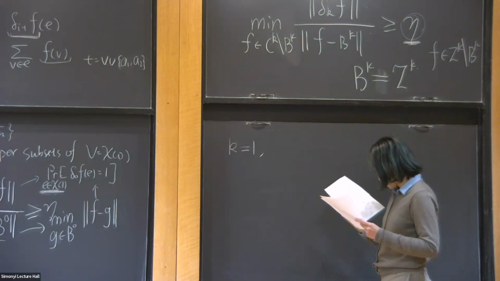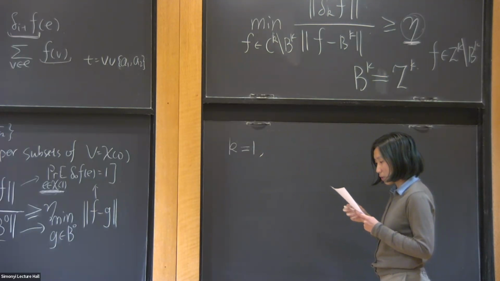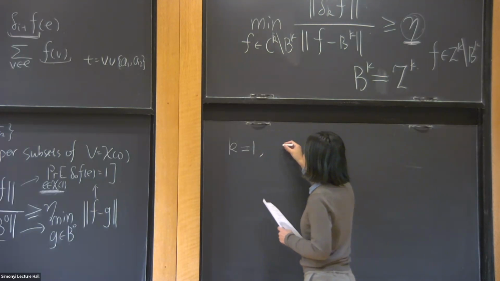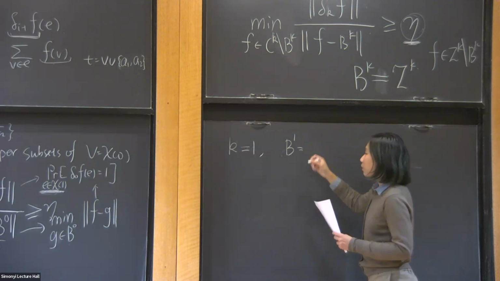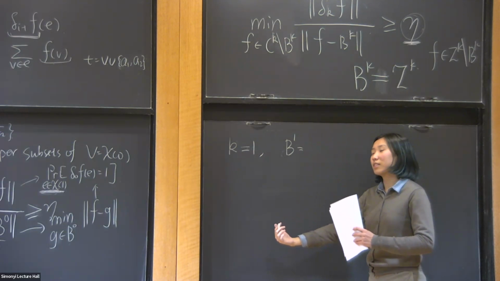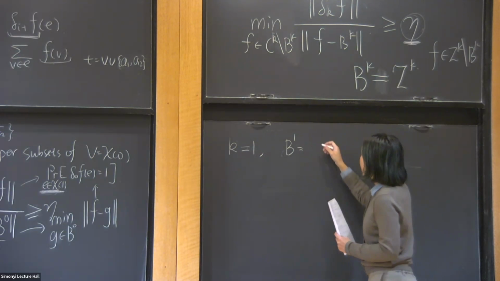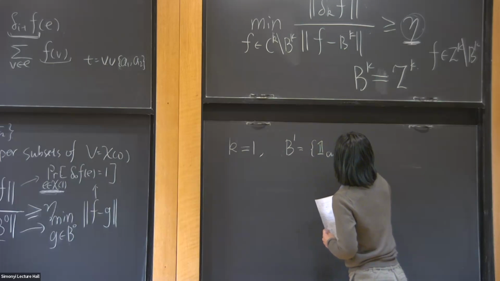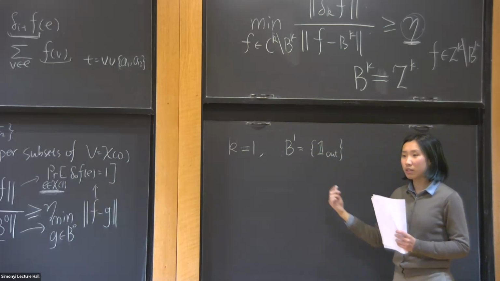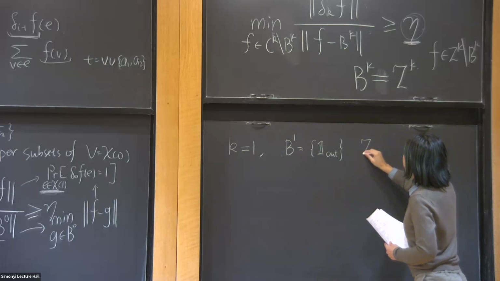Okay, so in the case of k equal to 1, the first thing is, what is B1? They're all the image of those indicator sets, so we know that these are just all indicator functions of the cuts. And what is Z1?